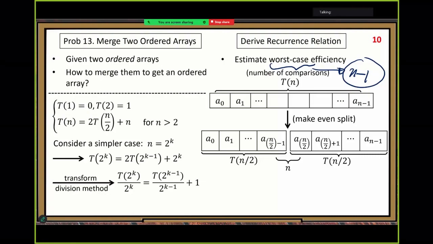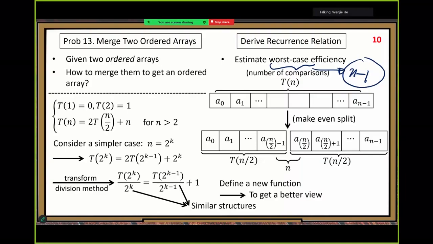So we work on the structure and define a new function, the g function: g of k equals T of 2 to the k over 2 to the k. So we get a simpler g function, g of k.